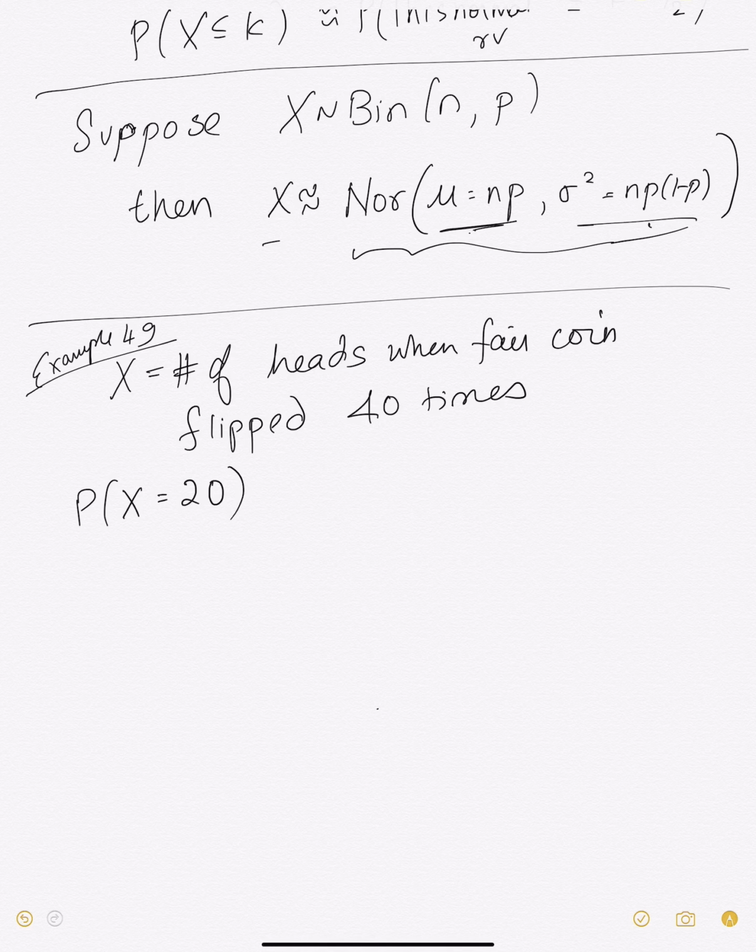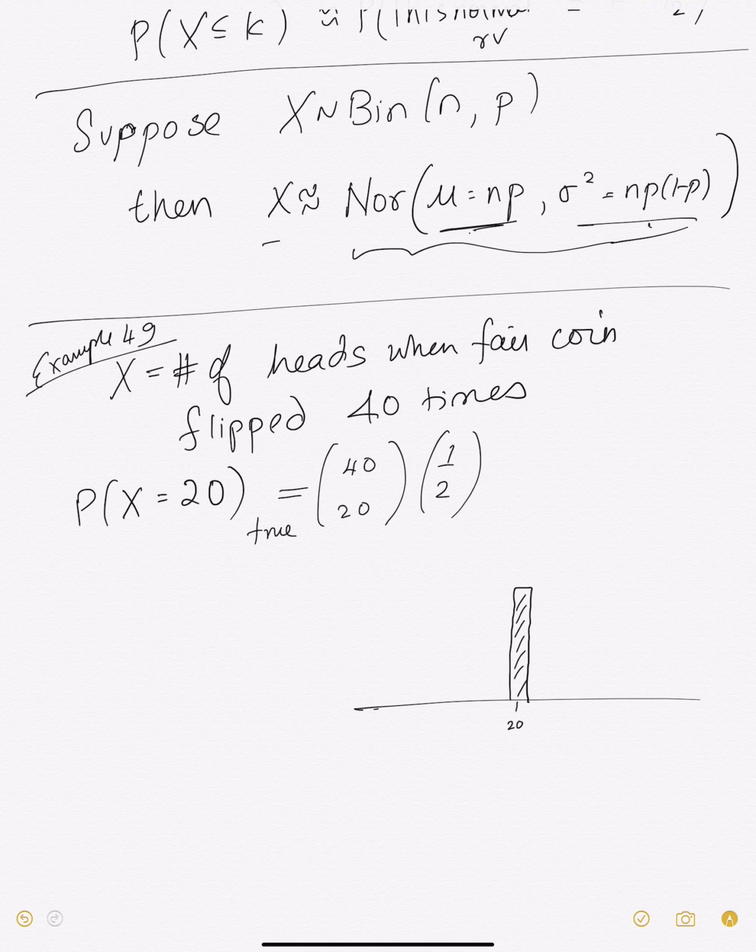All right, so the real value is exactly the area of this bar in the bar graph. So the true value is 40 choose 20, p, that's the p, it's a fair coin, raised to 20, 1 minus p raised to 40 minus 20.